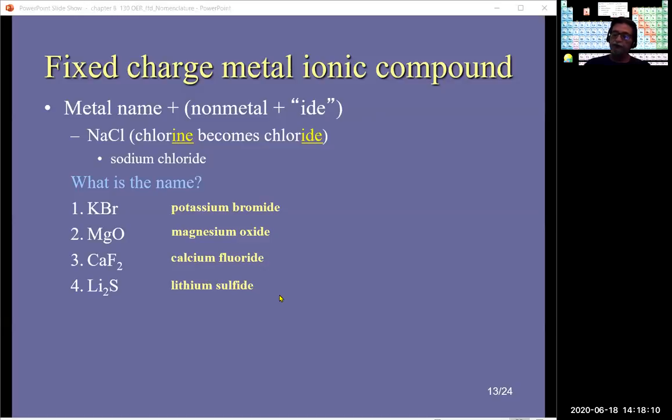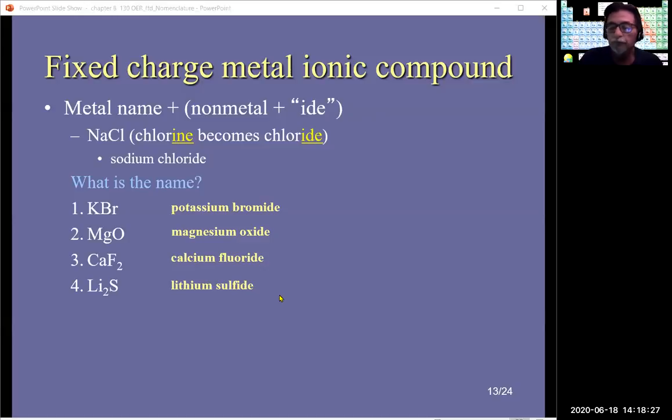Notice we're not using any Roman numerals here. Also, another factor to remember, like we just did lithium sulfide, there are no prefixes. We didn't say dilithium sulfide. We just said lithium sulfide.